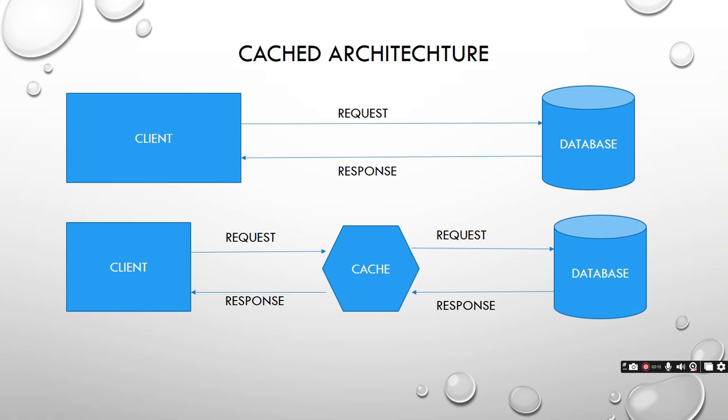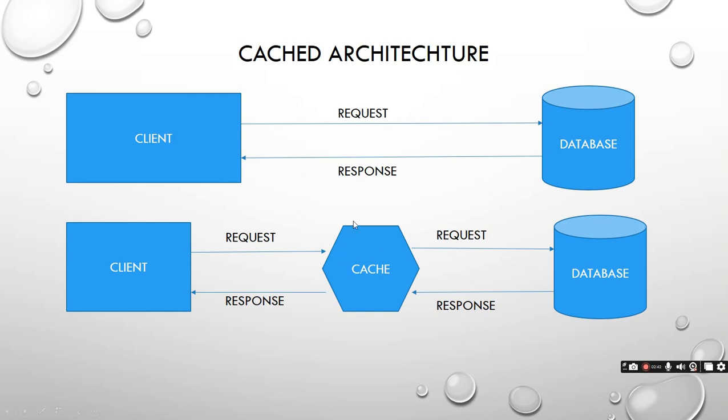For example, if you make a request to some database somewhere through an API, you have to pay for that call. So making requests to the database back and forth may first of all take much time, and secondly, it is costly because each and every request you send will cost you money.